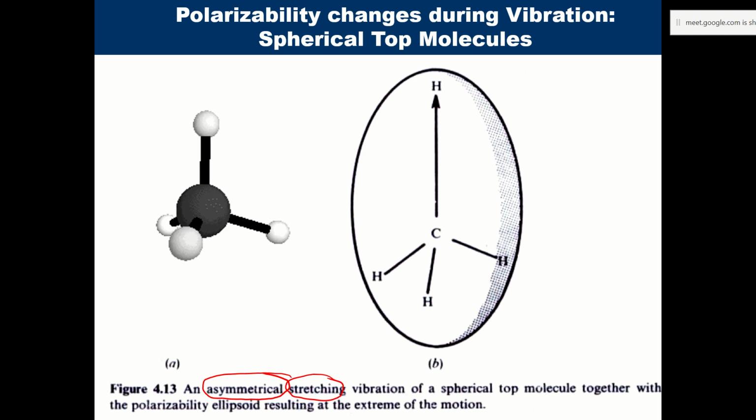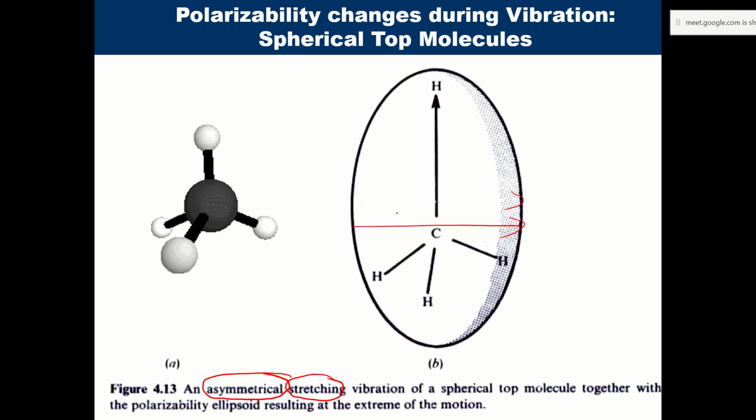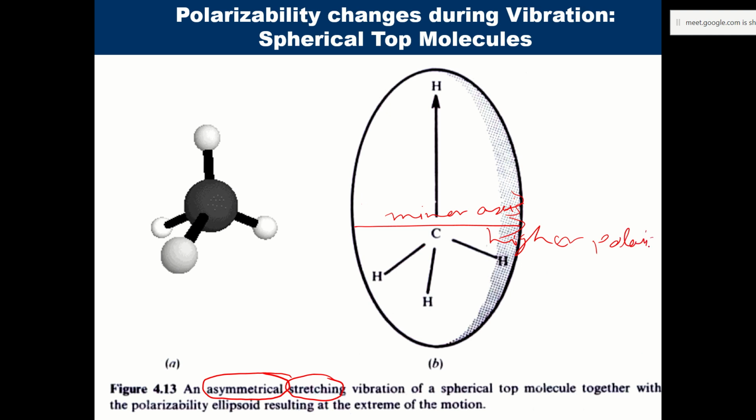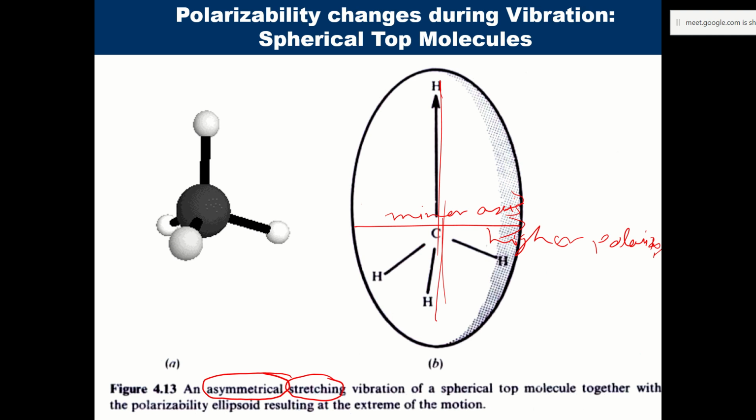So what is different here? Now the polarizability ellipsoid is not spherical; it is different in different directions. In one direction, along the minor axis, you have higher polarizability, and along the longer major axis you have low polarizability.